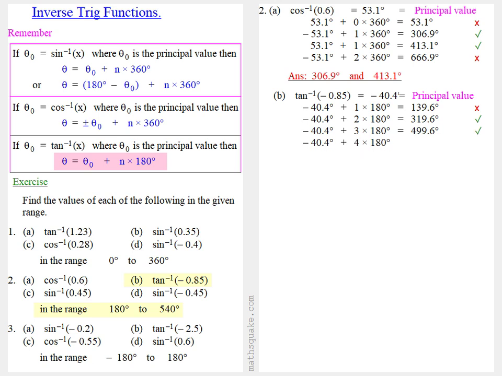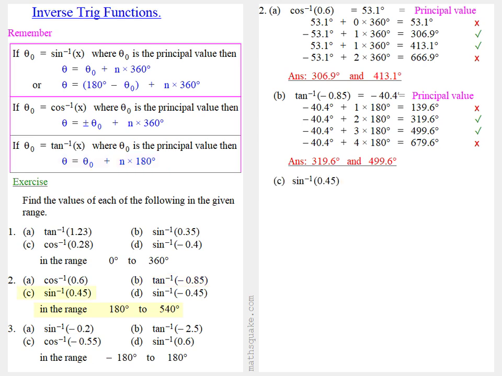And if we take n is 4, we end up with minus 40.4 plus 4 times 180, which is 679.6 degrees, which is above 540 and therefore not in the region we want. And so we're left with two possible solutions, 319.6 degrees and 499.6 degrees.